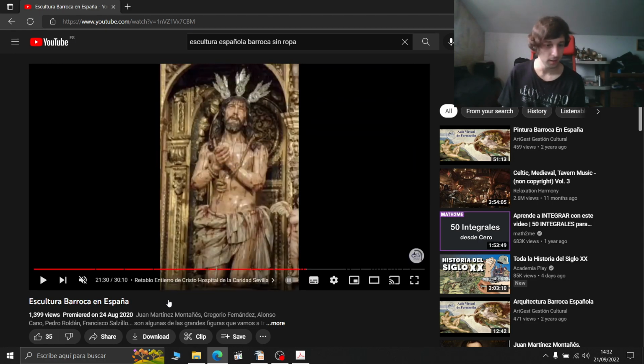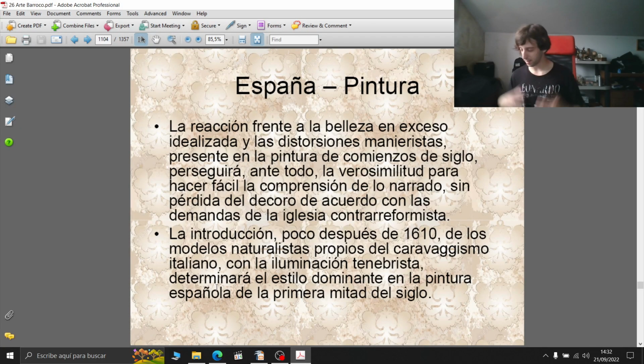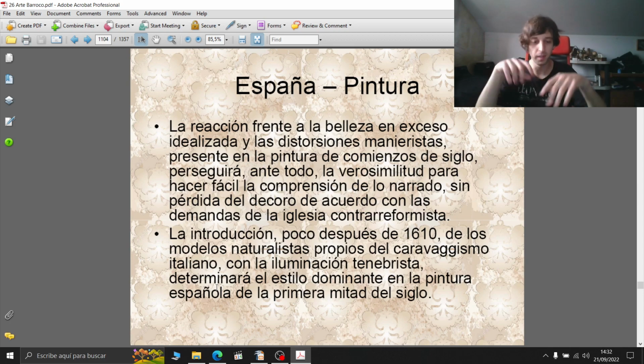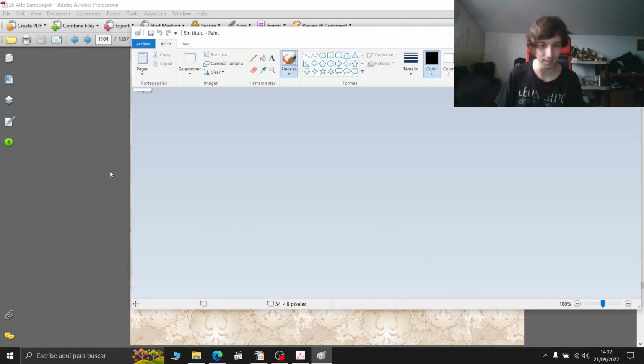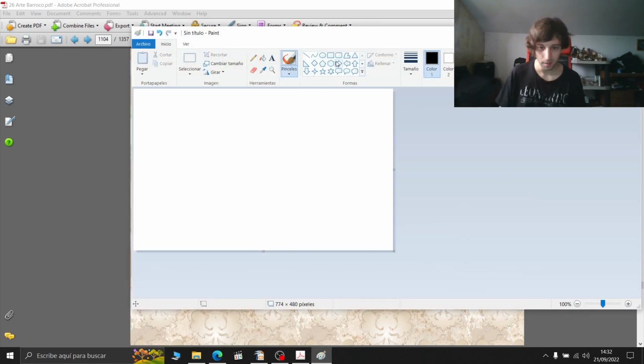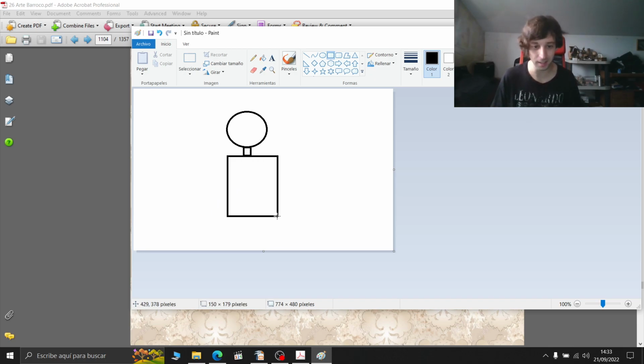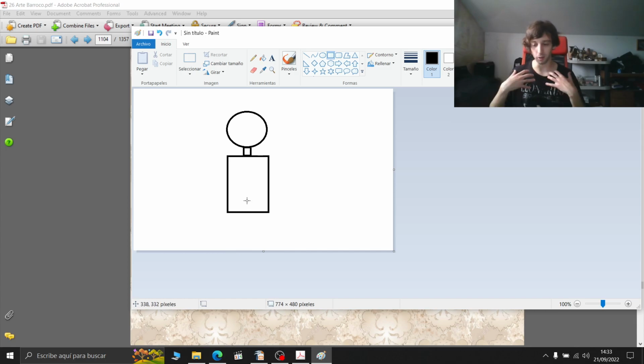No, but they don't sculpt the sculpture under the clothes. They just make it very simple. So I want to explain how it works, even if it's a bit bad. Imagine this is the head of the sculpture, and this is the neck. Instead of sculpting the body very well and realistic, they just make a square, for example a cube, because the cube is not going to be seen.